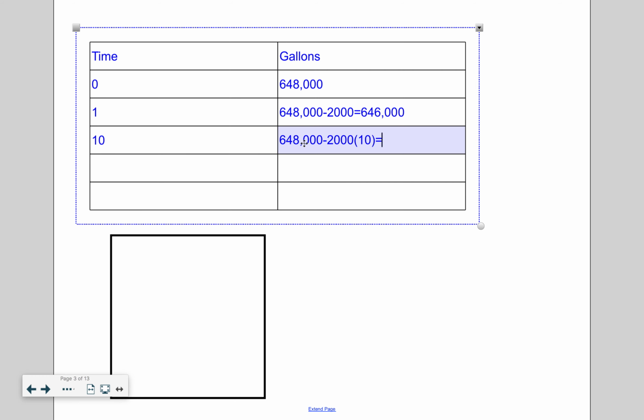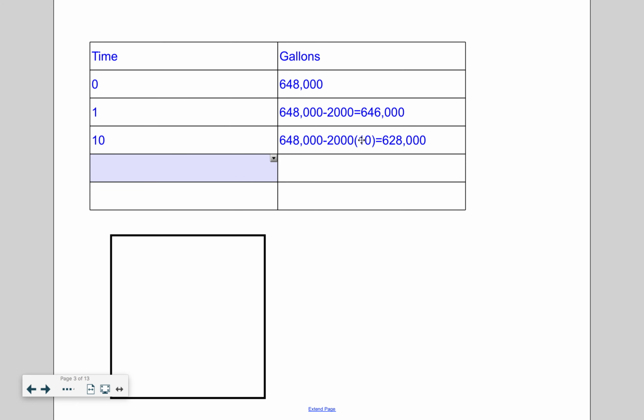So that brings me to 648,000 minus 20,000, which is 628,000 gallons. Okay, and you can see I'm not going very quickly. So I could keep guessing here, and that is one way to do it, but it doesn't seem very efficient.